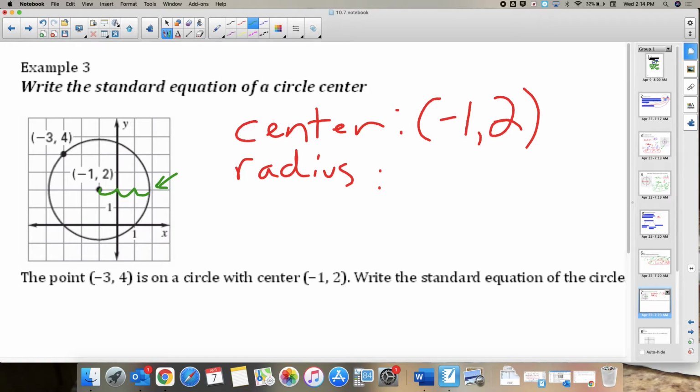It stops just short. So we need to figure out what that radius actually is. This is where that opener comes into play. We need the distance between our center and that point on our circle. So we need the distance from negative 1, 2 to 3, 4. So we subtract our x's, negative 1 minus negative 3 squared plus 2 minus 4 squared.